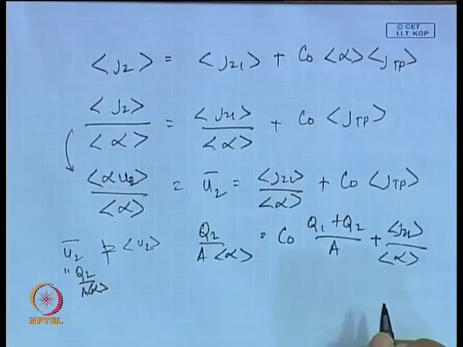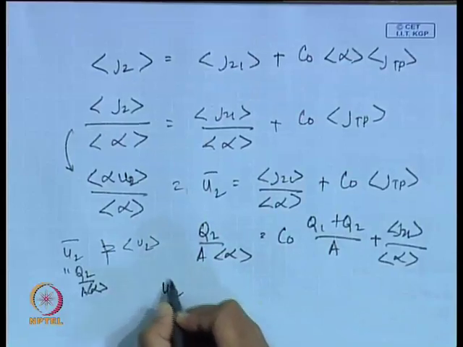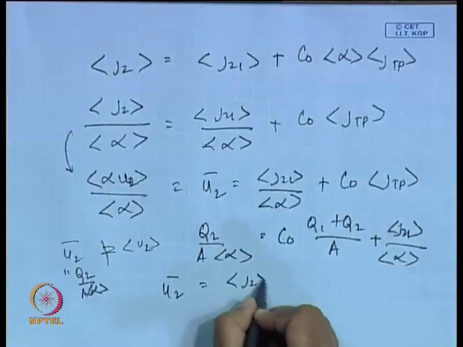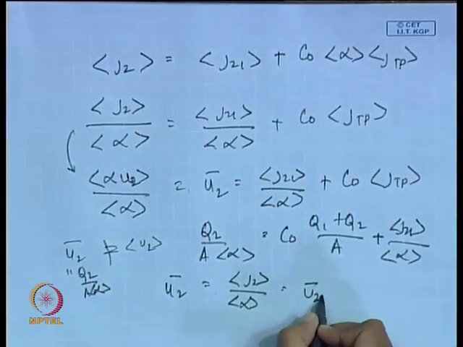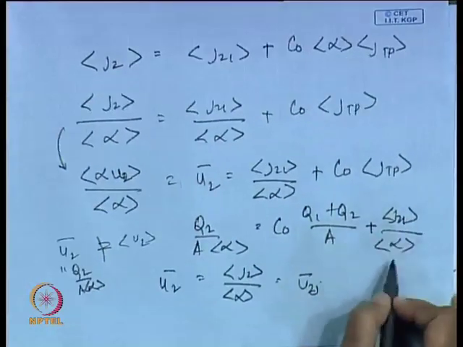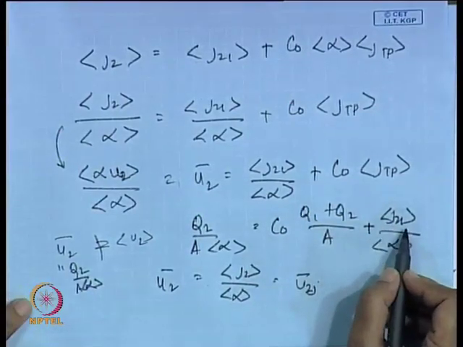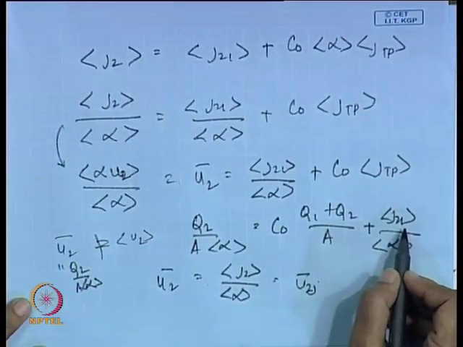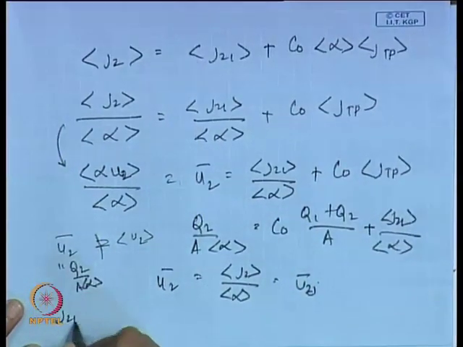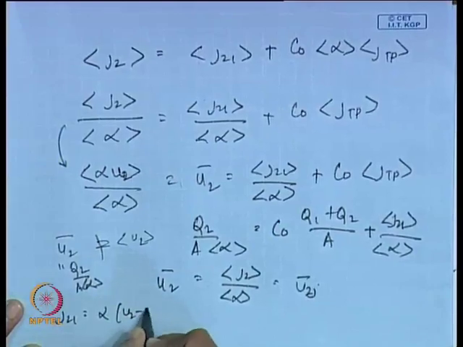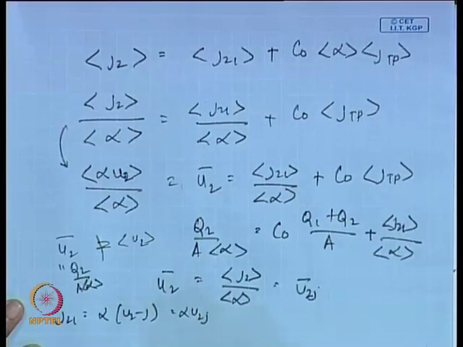In this particular way we can write it down, or in other words we can write it as u2 bar equals J21 by alpha equals u2j bar. If you remember the basic definition of J21, what was it? Alpha into u2 minus j, it is nothing but alpha into u2j.